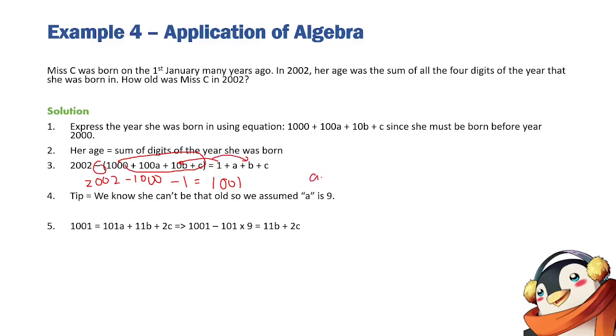So you have A plus B plus C plus 100A plus 10B plus C, right? So you have 101A plus 11B plus 2C. Got it?